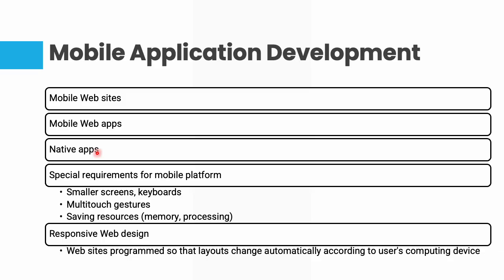When developers create these apps, they have to think about special things like smaller screens, how people tap and swipe instead of clicking, and the fact that phones don't have as much memory or processing power as a computer.